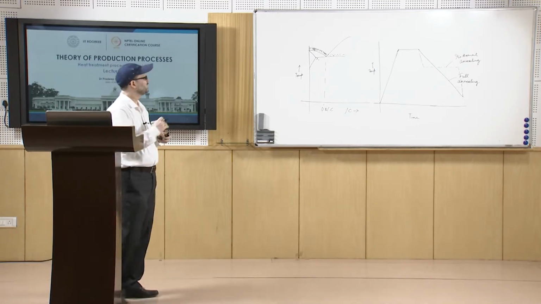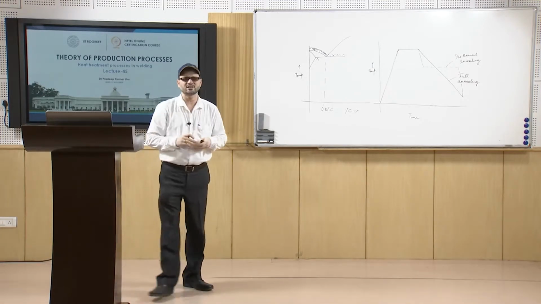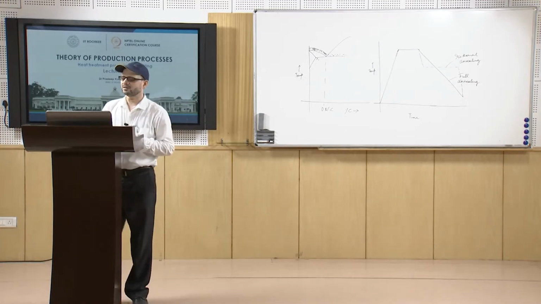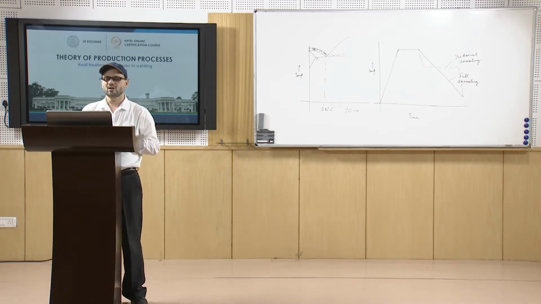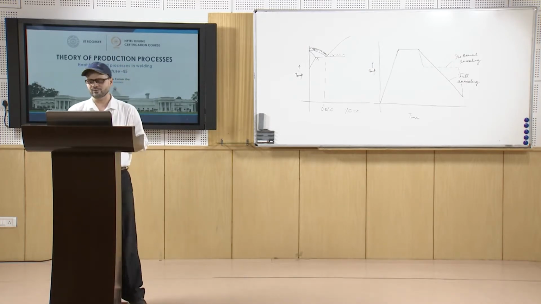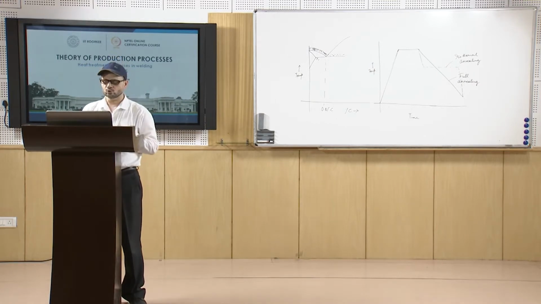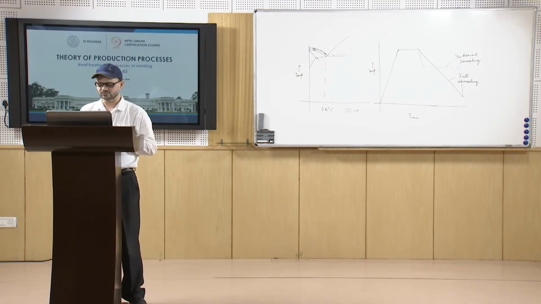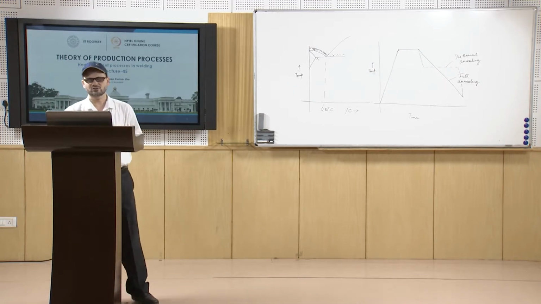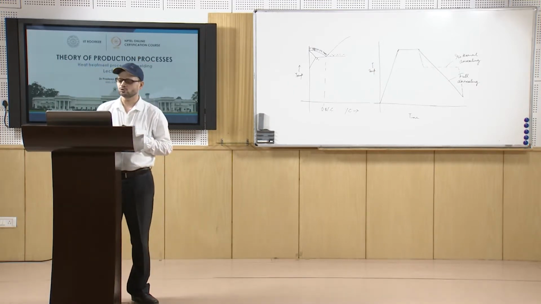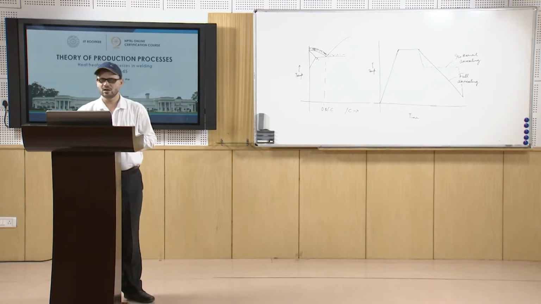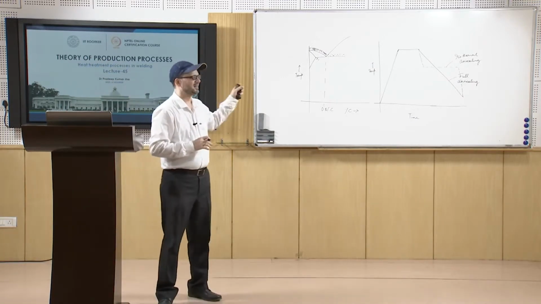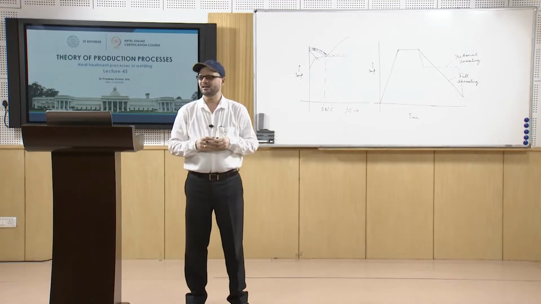So, you are heating to about 650 degrees centigrade, and then further you are holding it for some time, and then you are free cooling it to room temperature, and that is known as subcritical annealing. Formerly it was known as process annealing.